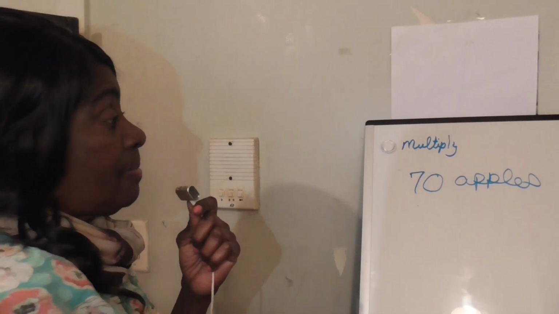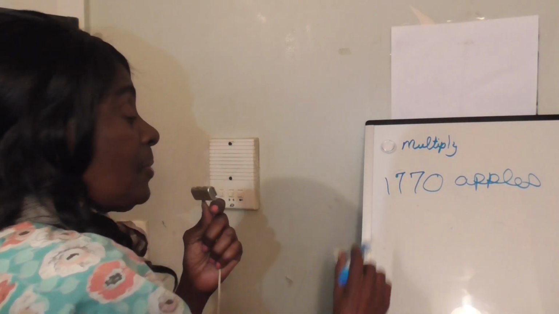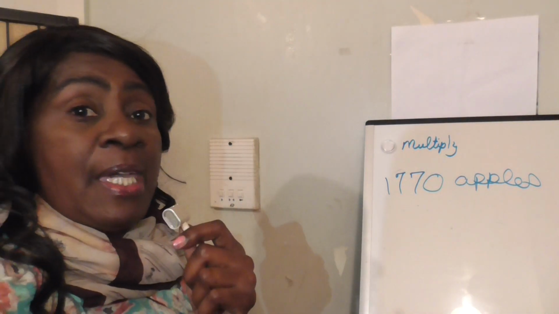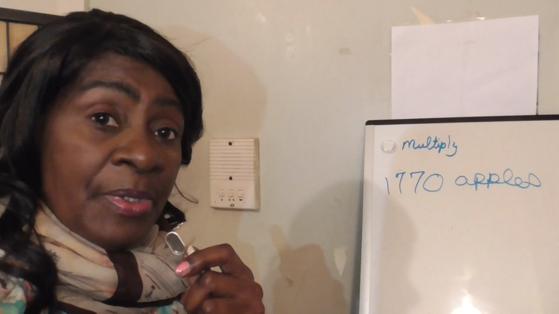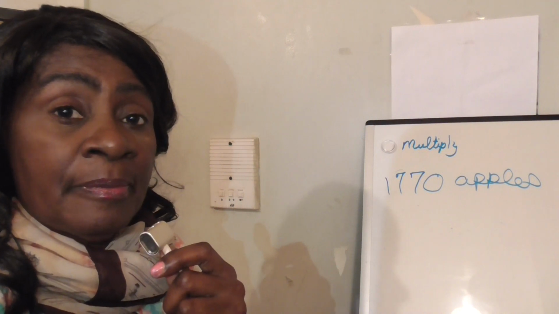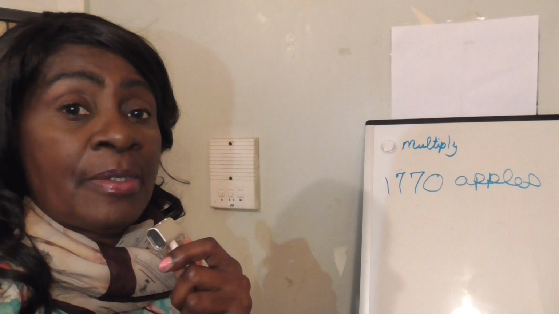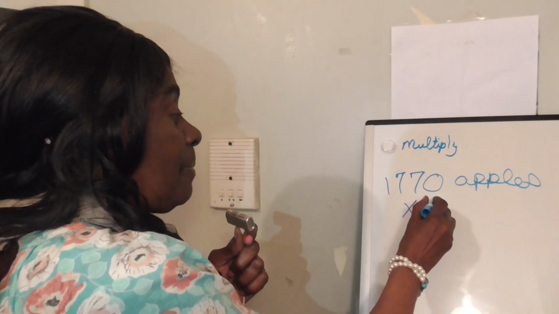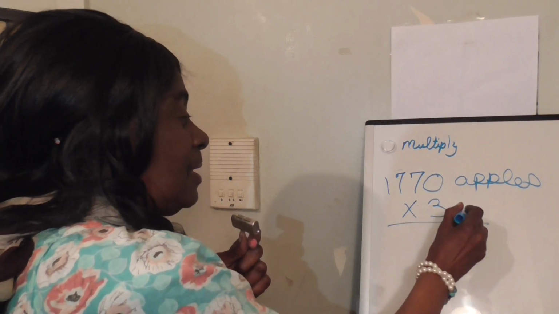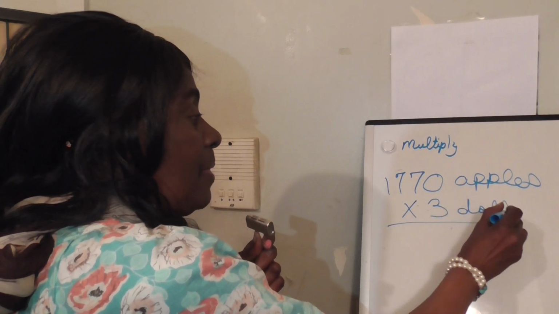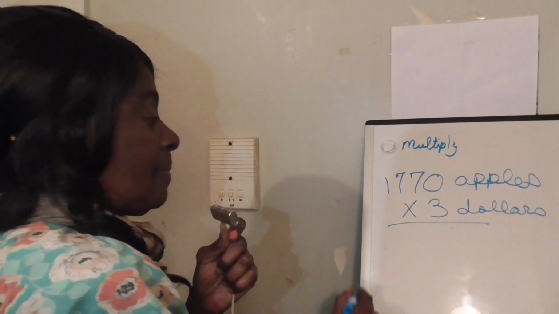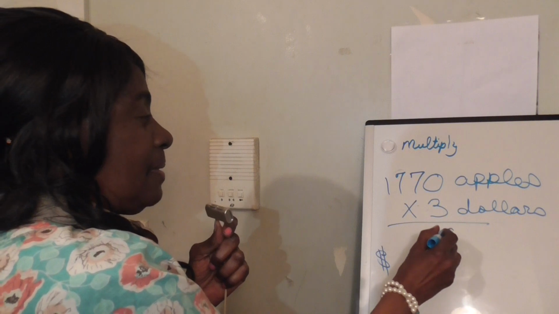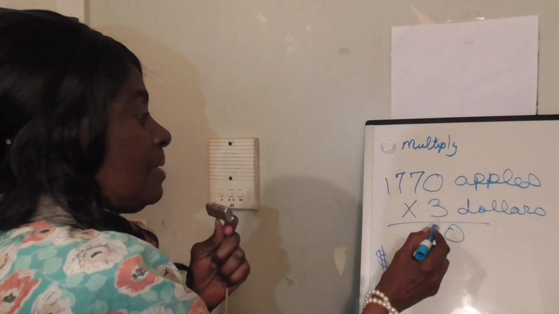Now, if I want to sell them, I know that in those 25 boxes, I have 1,770 apples. And I want to sell them at $3 per apple. How much will I have? 3 times 0 is 0. 3 times 7 is 21.